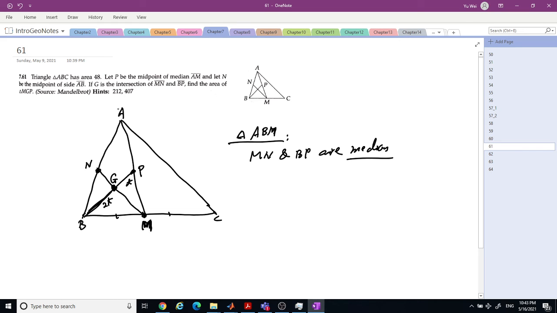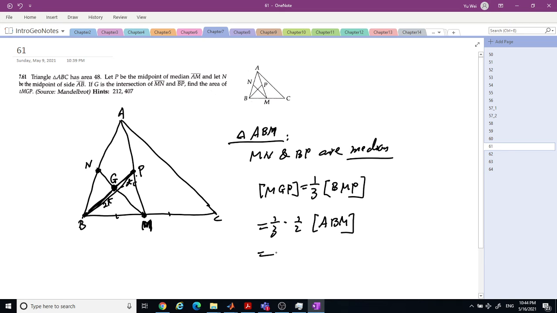Now we can see the area of MGP, right? This is 1, and this is 3. So we know it's 1/3 of the triangle BMP, right? The area of triangle BMP is half of the triangle ABM.